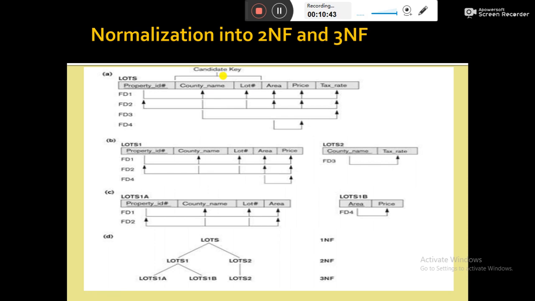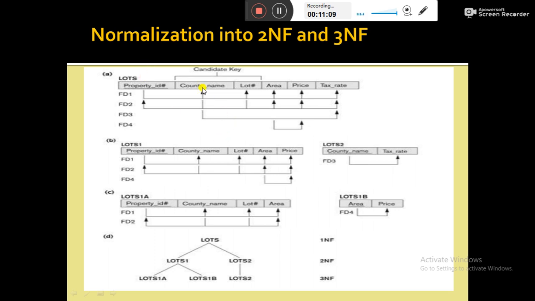So we have two candidate keys: county name with lot number combined, and property ID. As we know, out of many candidate keys, we can choose any one as the primary key. Here we are choosing property ID as the primary key.